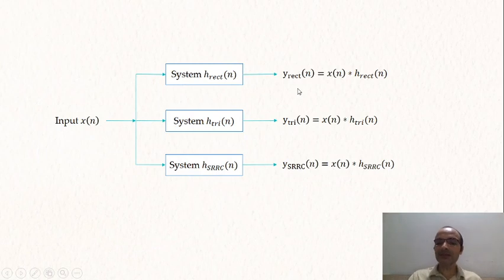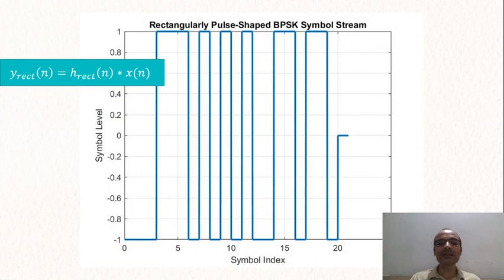So let us take an example first for the rectangular pulses, and you will see that the BPSK symbol stream, which was just +1 and -1, has now nicely been converted into rectangular pulses, and the width of each individual pulse is equal to a symbol duration.